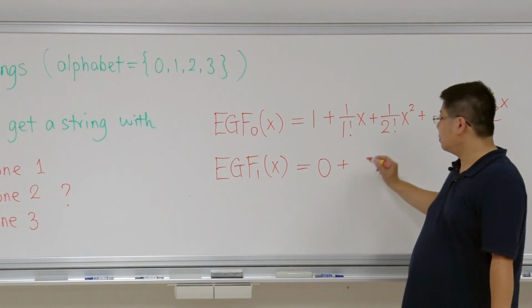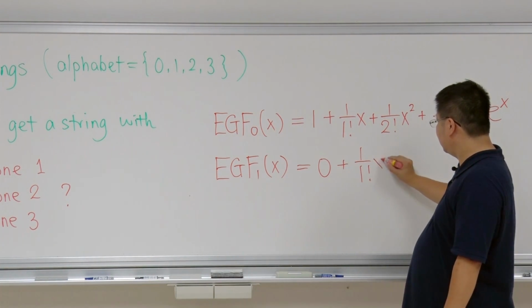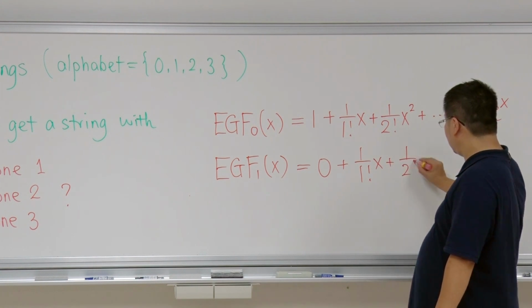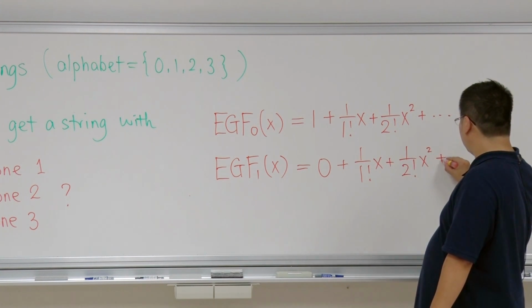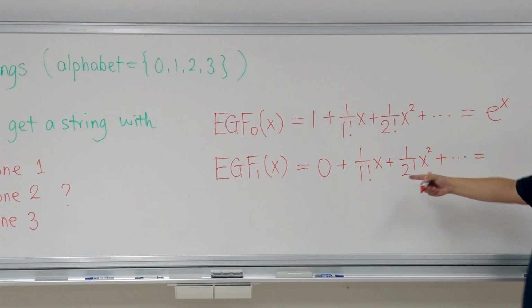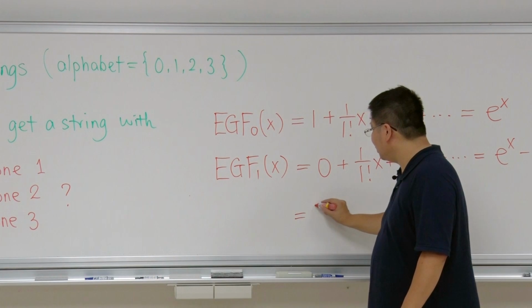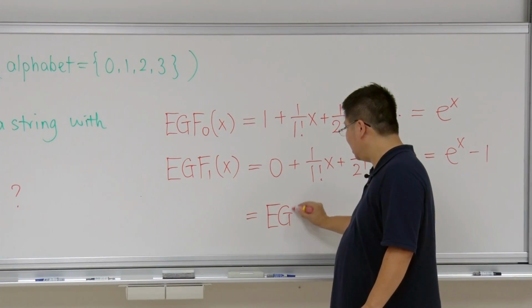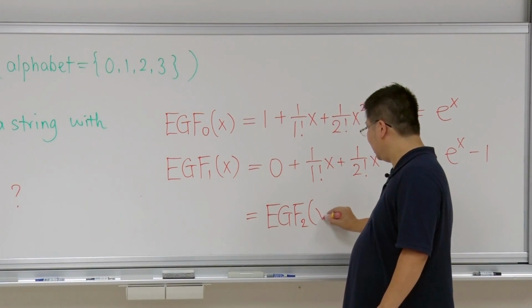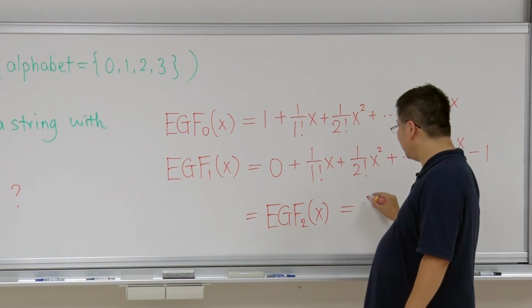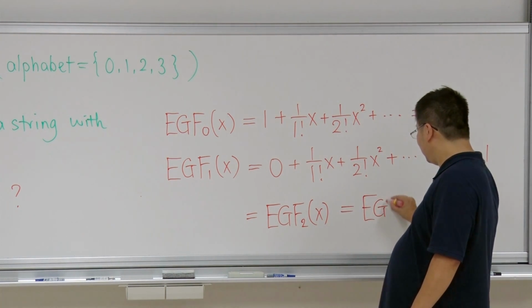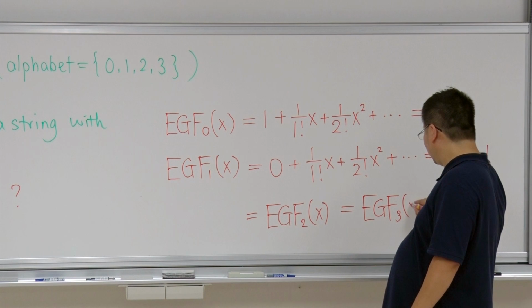One way, right? Okay, can we simplify this? So e to the power x minus 1. Is that okay? Good. And then this is going to be equal to the EGF for 2, and then equal to the EGF for 3.